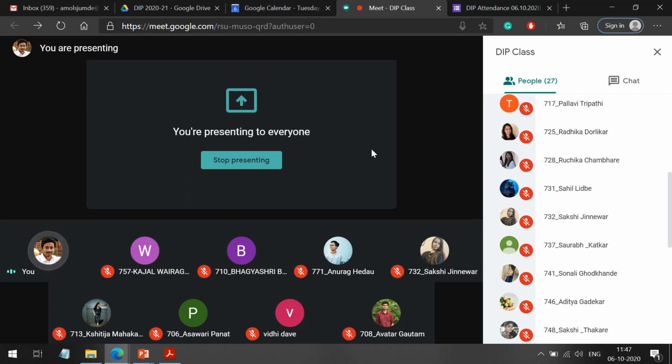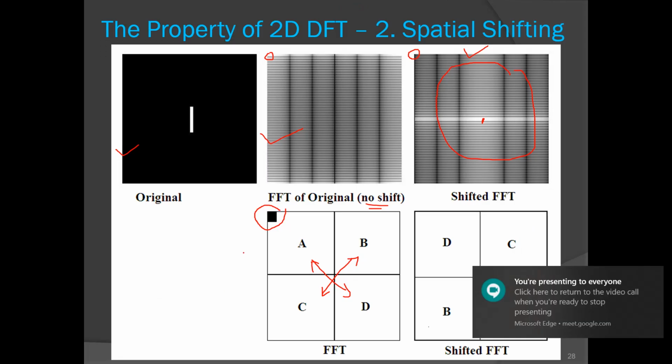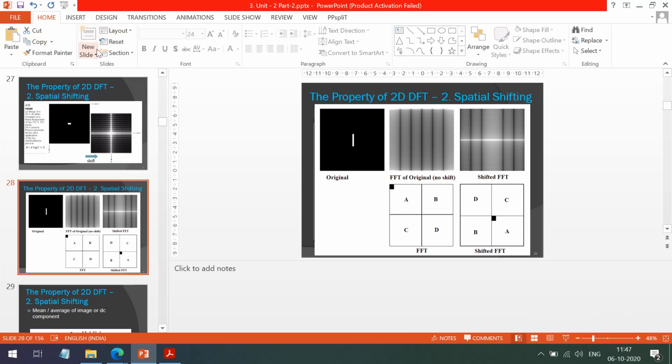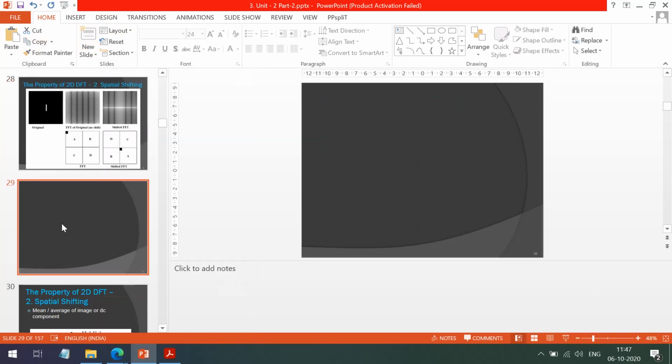The second advantage is what? Now, if this is our original image and we transform using FT, we know that a constant background in the image represents a low frequency component, and if we have noise or sharp edges, that represents high frequency.